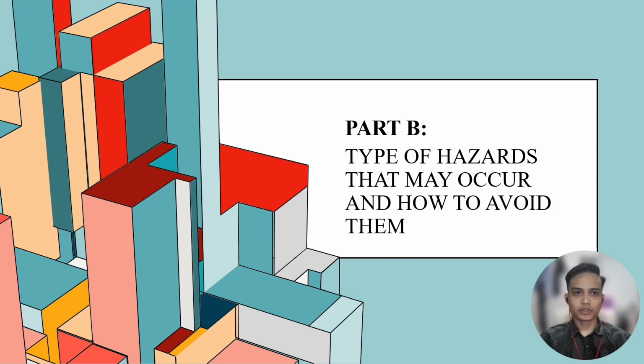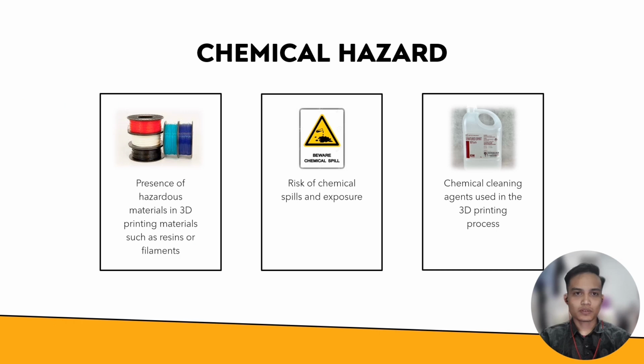I'm going to present about types of hazard that may occur and how to avoid them. First hazard is chemical hazard. Presence of hazardous materials in 3D printing materials such as resin or filaments. This material can emit volatile organic compounds, particulates, or toxic fumes during the printing process.